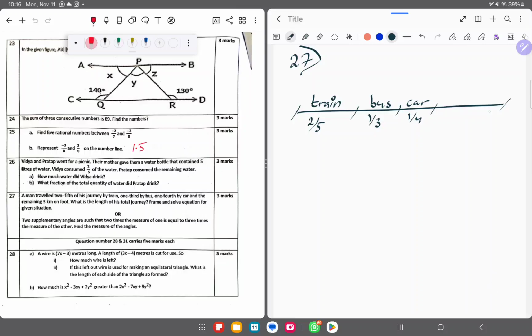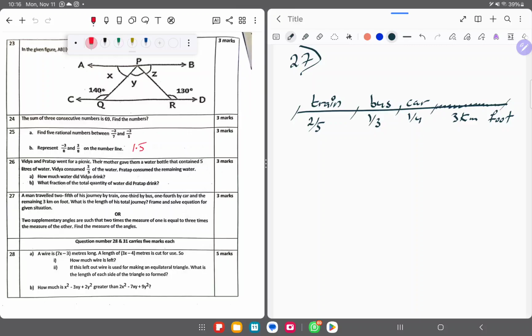And the remaining, so this one here, show me this. The remaining 3 kilometers on foot.